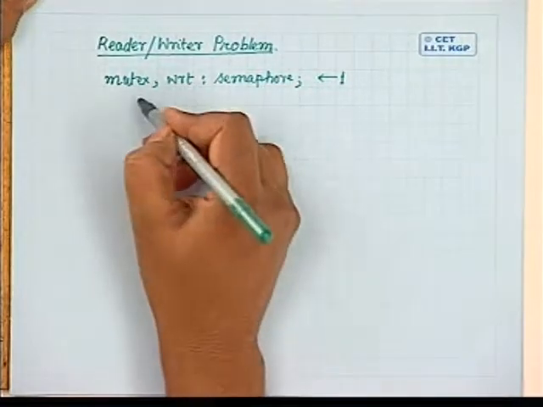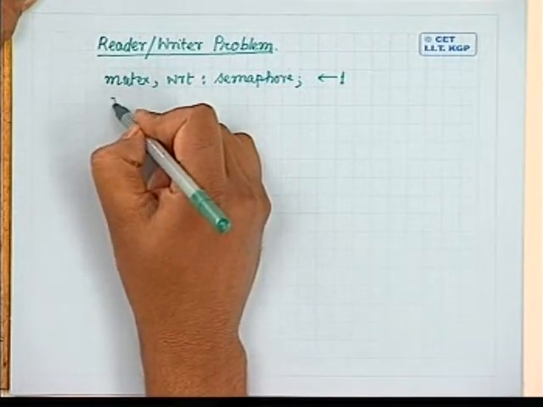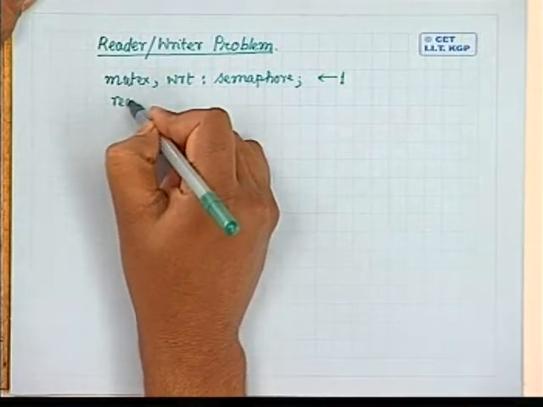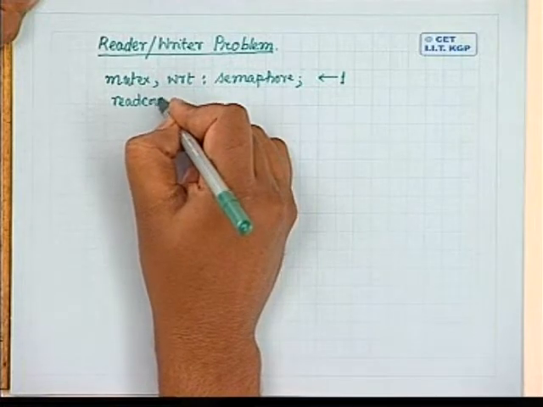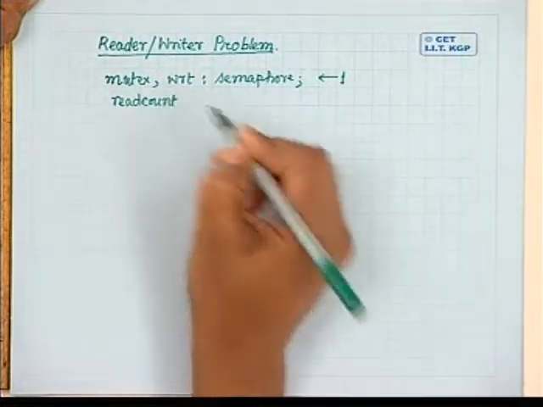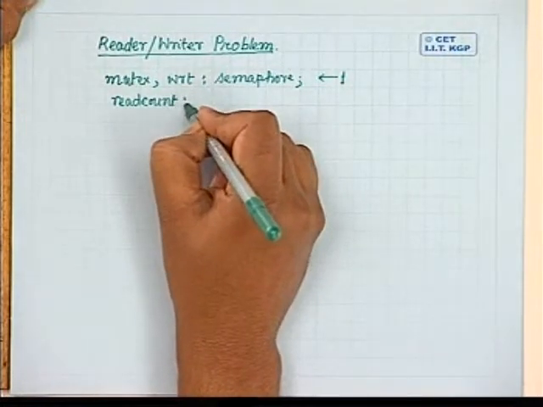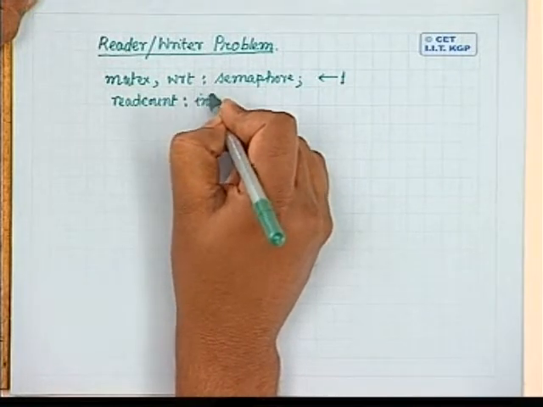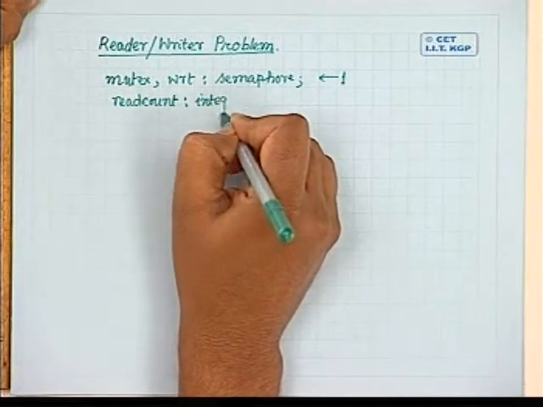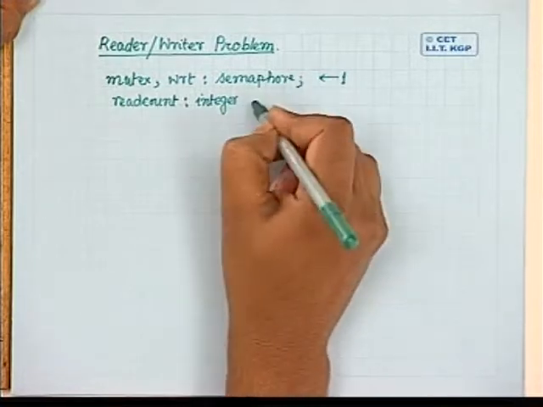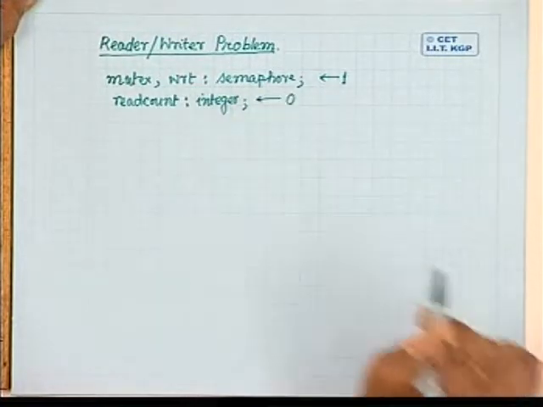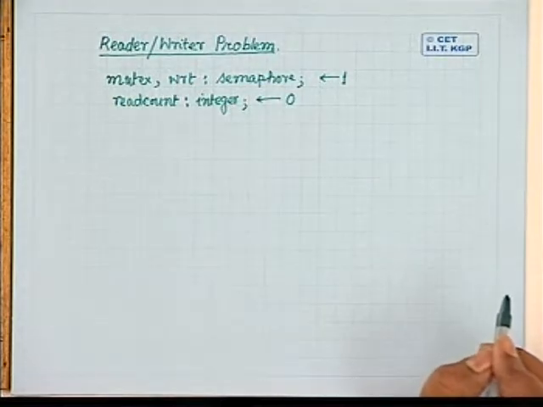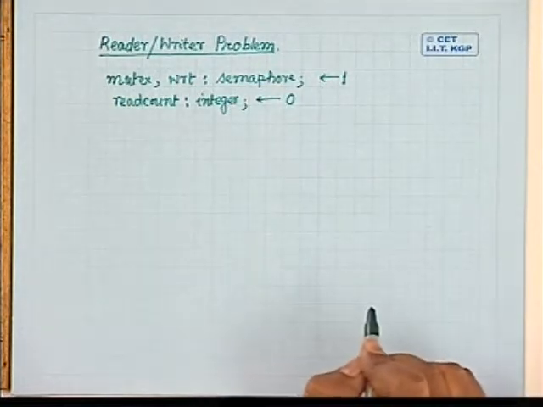We use one more integer variable, say read count. So this read count is an integer variable, and we assume that initially the value of this read count is equal to 0.